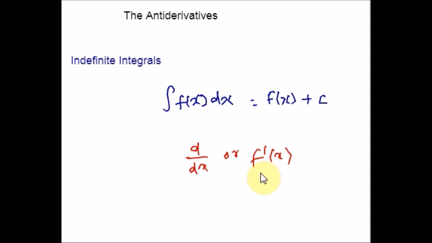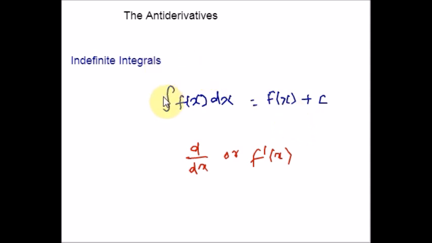Here we introduce notation for antiderivatives. If capital F is an antiderivative of small f, we say that F of x plus c is the most general antiderivative of the function f, and we write this in this format. This symbol is called the integral sign, and the integral of f of x dx is called the indefinite integral of f. Hope you're clear so far.